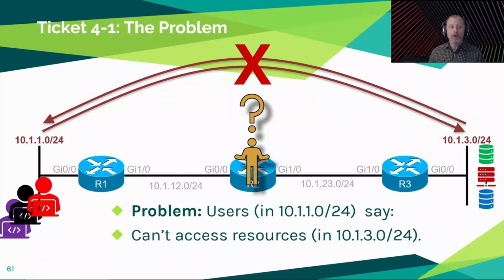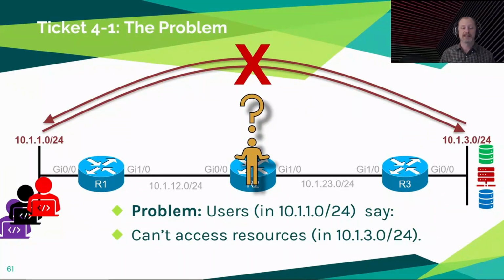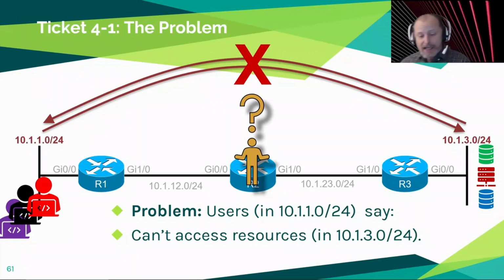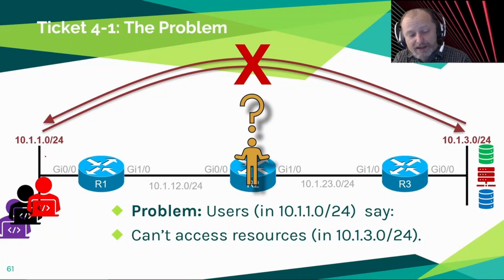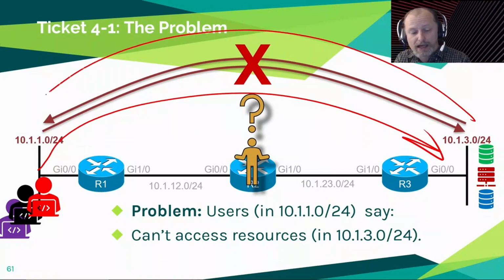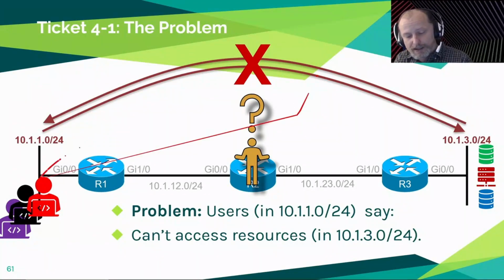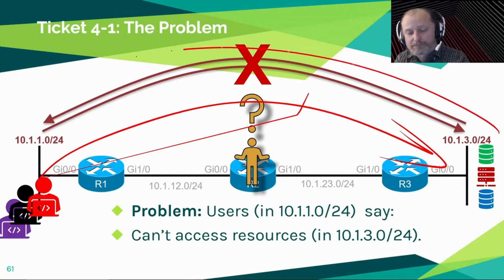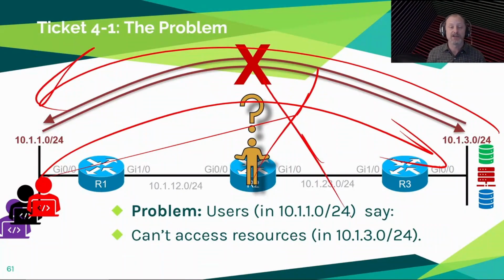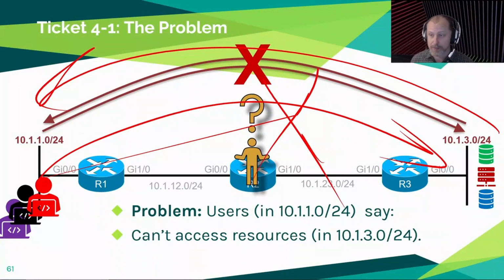You can't just readily say it's traffic going from us to the resource, or from the resource back. It could be either way. If you sent a ping, the echo request has to get there, and the echo reply has to come back. If there's a failure on either one of those, the ping is going to fail, but you don't really know which direction was causing the problem.